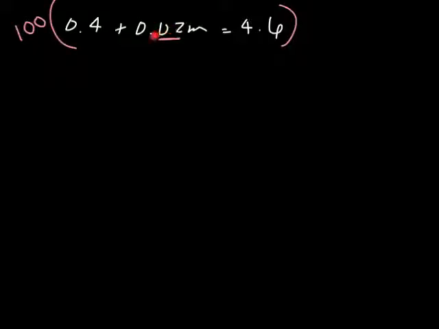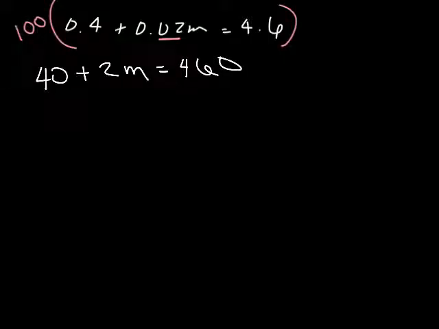If this were .002 and it were three decimal places over, I'd put 3 zeros, so it'd be 1,000. So now I multiply 100 times this, 100 times this, 100 times this, and my decimals, I promise, will all go away. See?